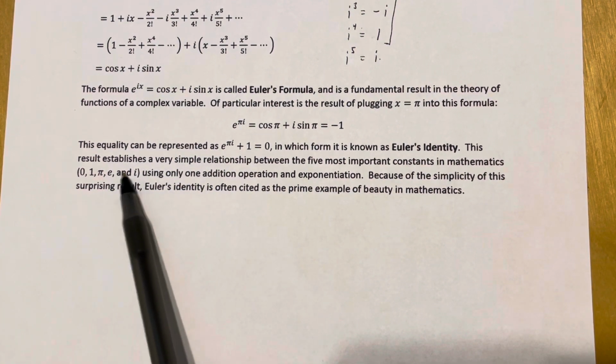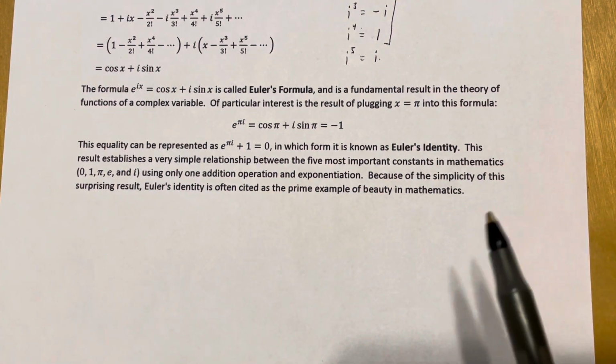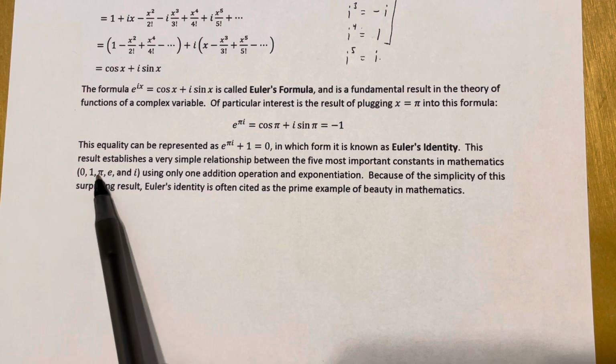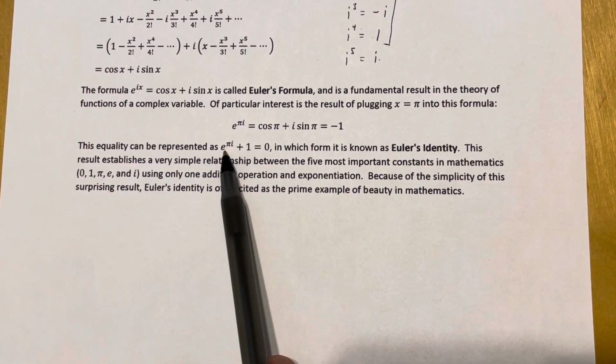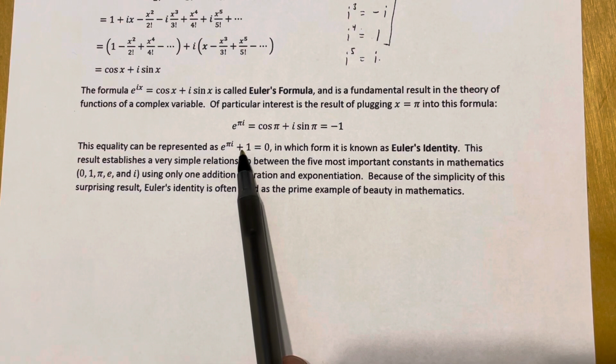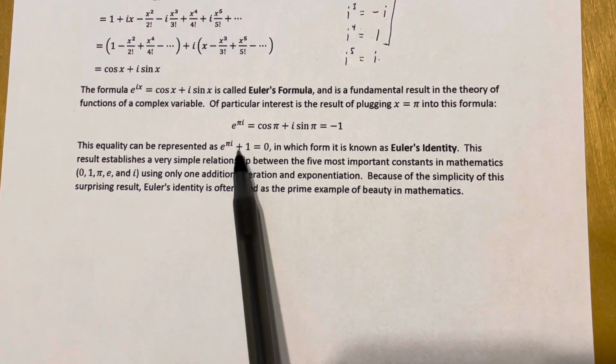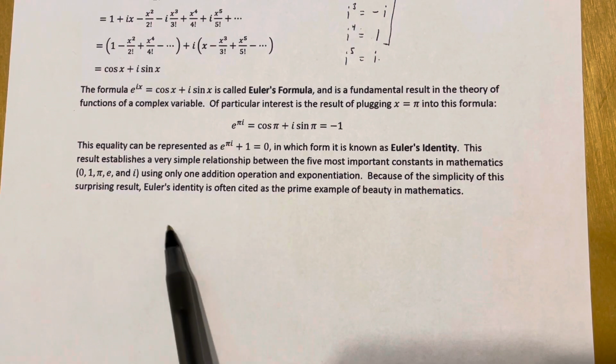Every single one of these constants you can think of as coming from a completely unrelated part of mathematics, and yet all 5 of them are intimately related by a very, very simple equation involving only one addition operation and one exponentiation operation with a product, pi times i up there.